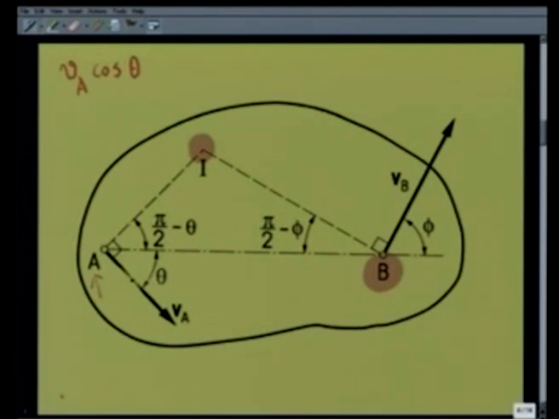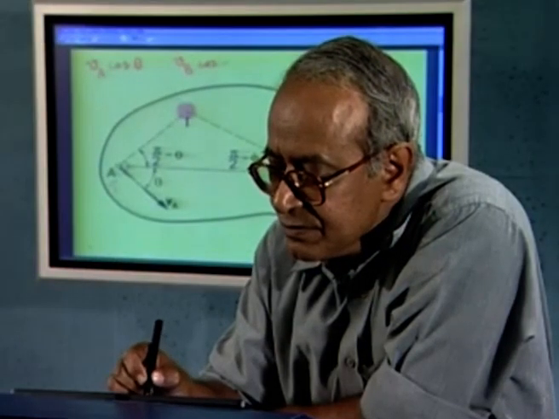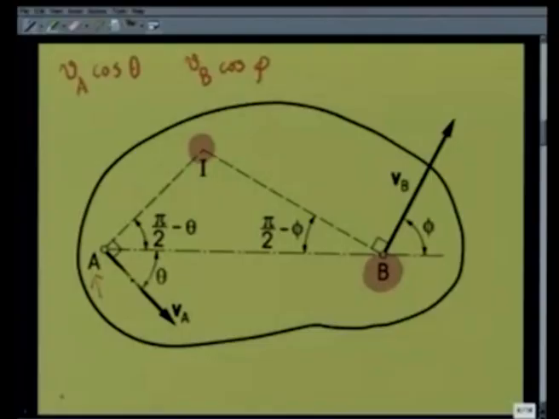The component of Vb in the direction of AB is Vb cos phi, where phi is the angle between the direction Vb and the direction AB. Now, the distance AB never changes. That means these two velocity components must be the same, that is, the component of Va along AB must be the same as the component of Vb along AB. So, I can put Va cos theta is the same as Vb cos phi.